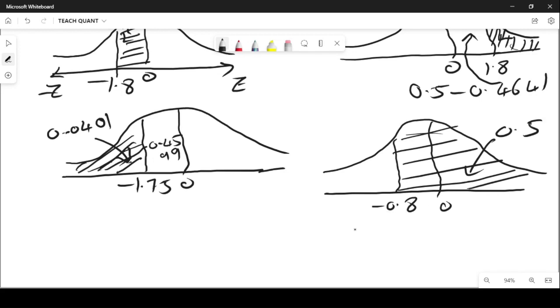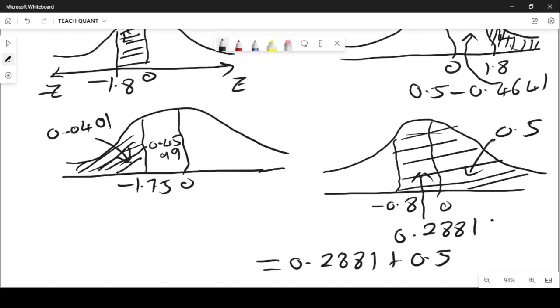So we go to the tables and look for this portion, and this is 0.2881. So the total area will be 0.2881 plus 0.5, which is 0.7881, and that will give us the whole area or the probability that you're interested in.